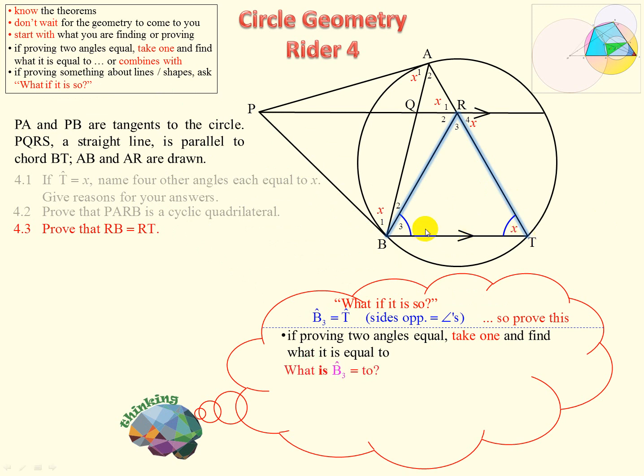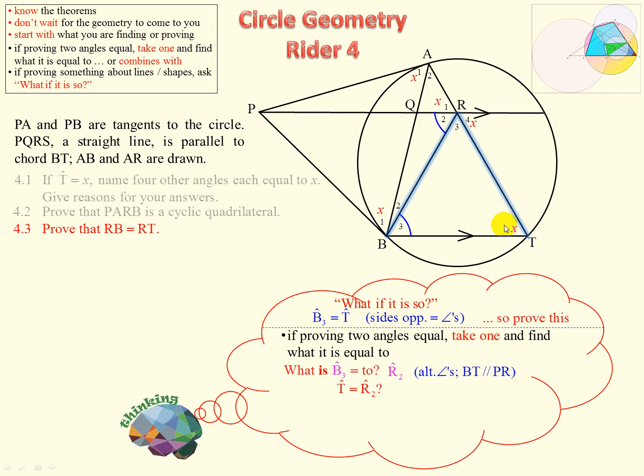What is B3 equal to? Well, there we are. Parallel lines, so therefore the alternate angles, they're equal to one another. R2. Is T equal to R2?